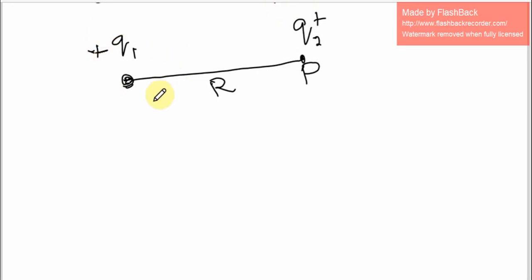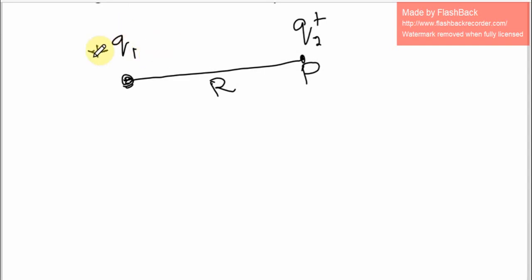I have put a charge Q1 at this point. The space is empty, so no work is done to place the charge Q1 at this point, because there is no other force repelling or attracting this charge.